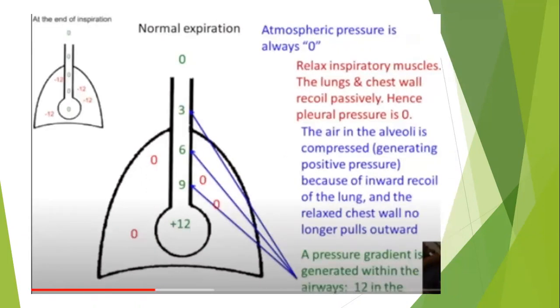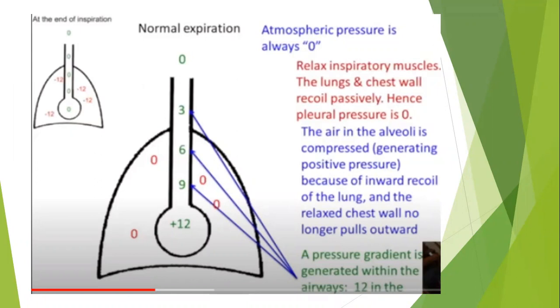At the end of expiration, the atmospheric pressure still remains 0, but within the airspace, the pressure increases. So a gradient is established. Towards the distal portion of the airspaces it is 12, and in the atmosphere it is 0.